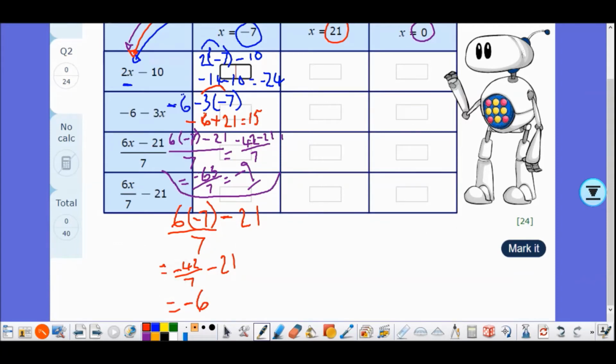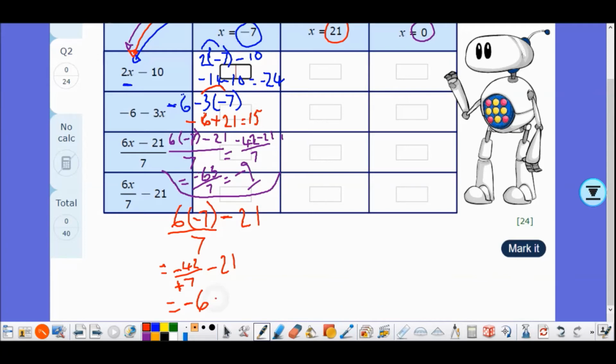Remember, I've got a negative sign and a positive. Okay, so any negative divided by a positive will remain negative. It's only when I've got those two negative signs, negative divided by negative, that it changes the sign. Okay, so 6 goes into 42 7 times, 7 goes into 42 6 times.